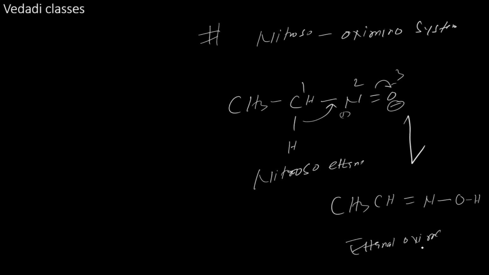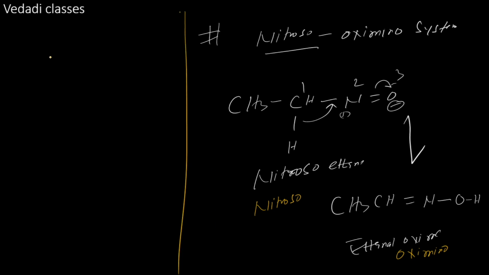So this is the oxime form. This is the nitroso form, and this is the oximino form. Now one more we have, we can give some more examples over here.